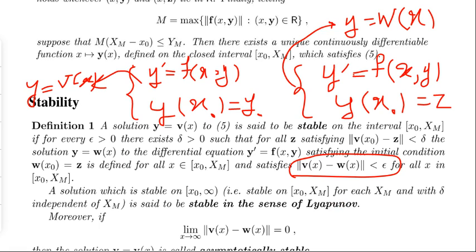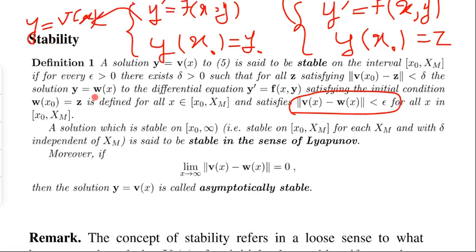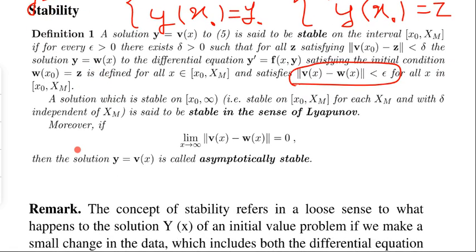Also, as our final part of this definition, if the limit of the norm of v of x minus w of x tends to 0 when x goes to infinity, then we will call our solution asymptotically stable.